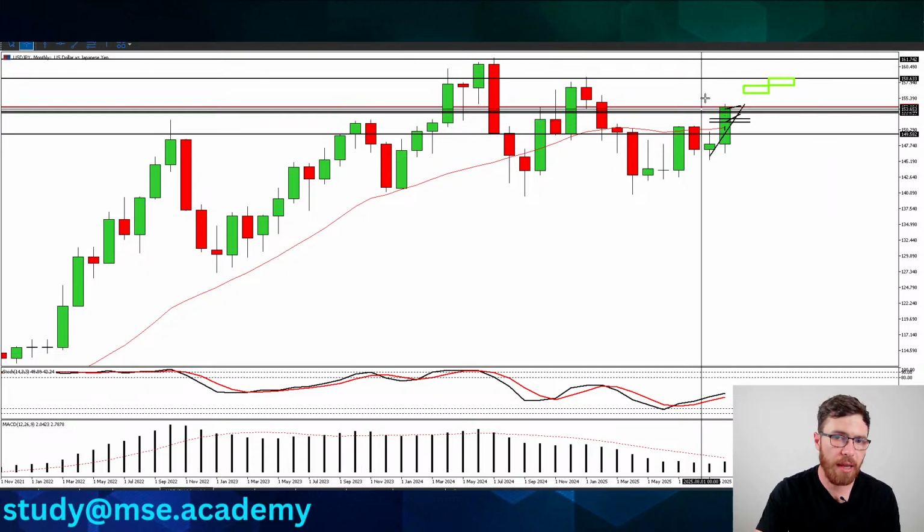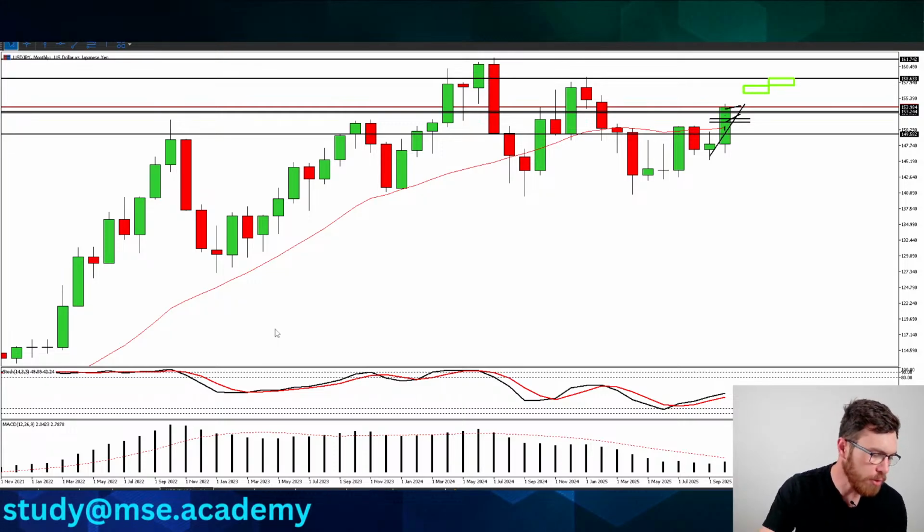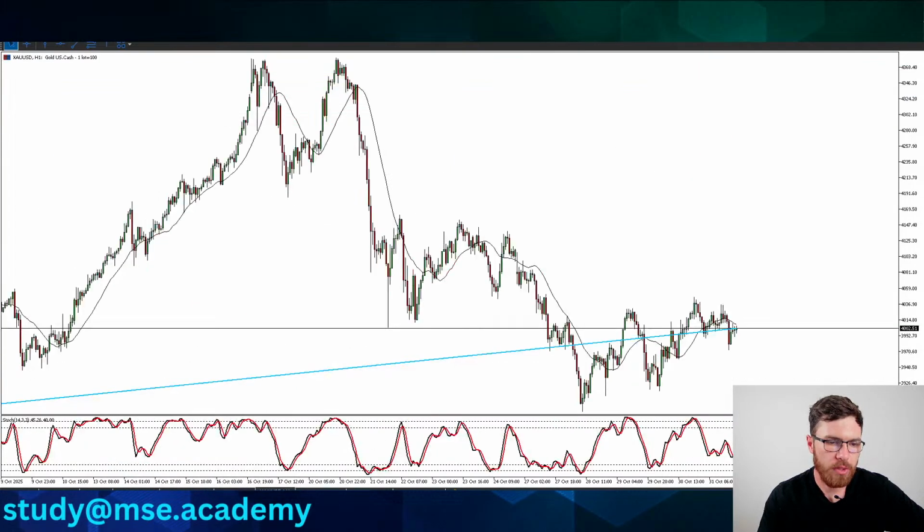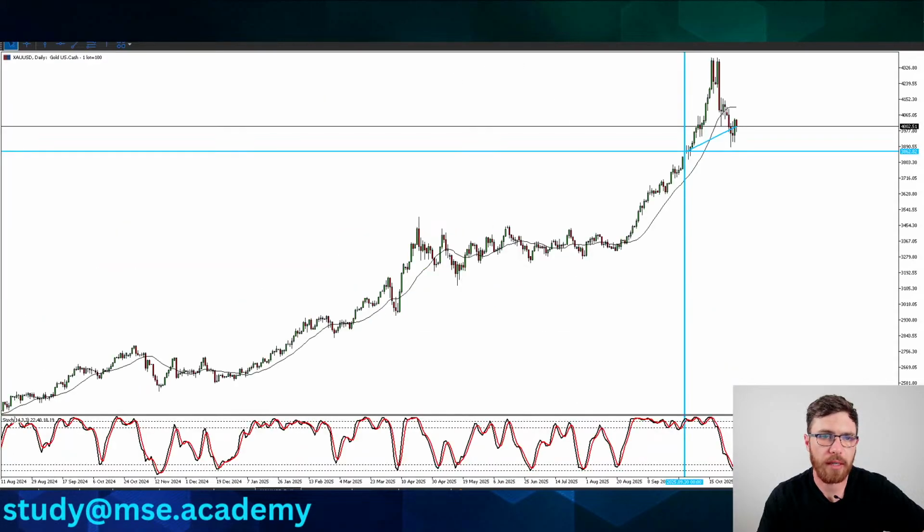So I'm being very careful on my positions here and not expecting too much out of it. And then in terms of an overview, what I wanted to just show you is a breakdown of a couple of positions, that it's important to take a look at what the market's doing, just so that you know where the market could be moving in terms of your monthly outlook.